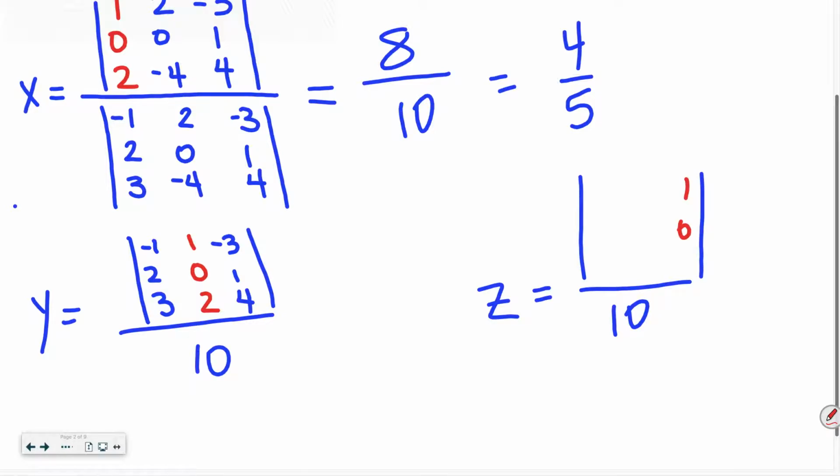But our z column is going to be replaced with those constants. And the x y column will stay the same. Okay, so I am going to give you a couple minutes to see what you can get me for those two determinants. It's a determinant at the bottom.